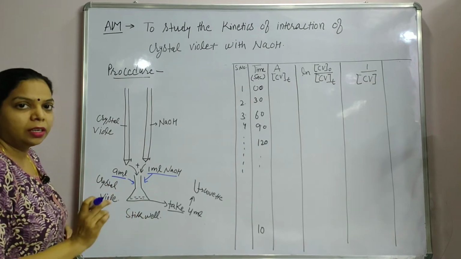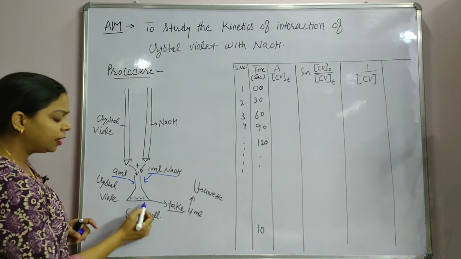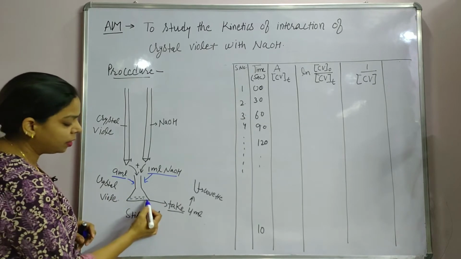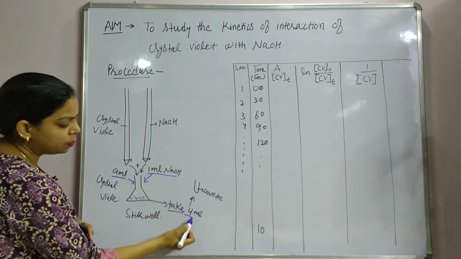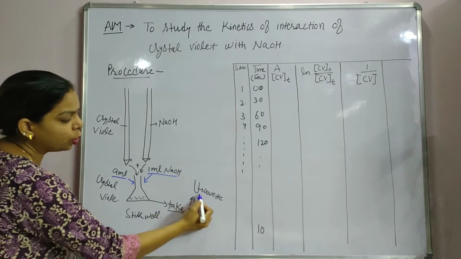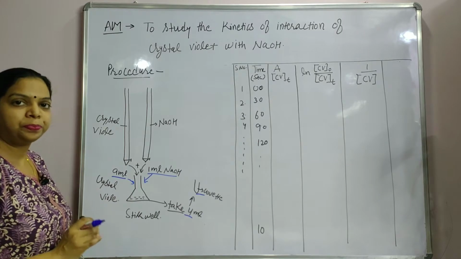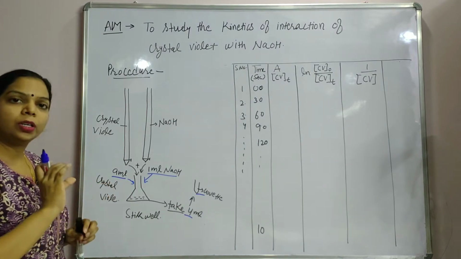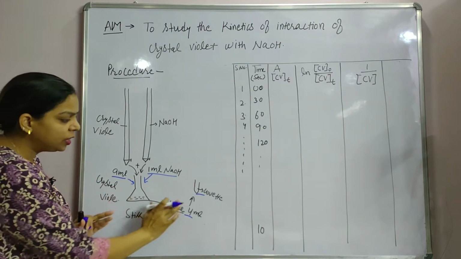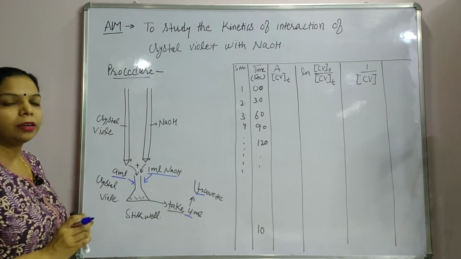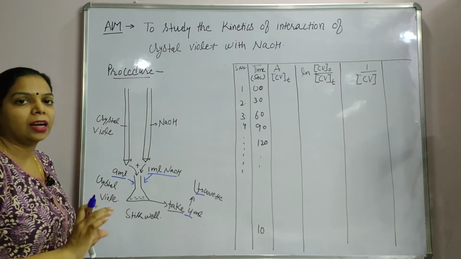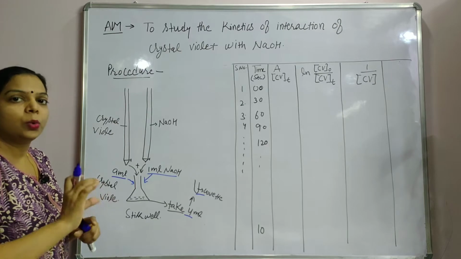Immediately when you stir it, the reaction will start, so proceed without wasting time. Just take 4 to 5 ml of this reaction mixture into a cuvette and put it into the colorimeter. Before putting this colored mixture into the colorimeter, you have to set the blank zero setting with the blank solution.